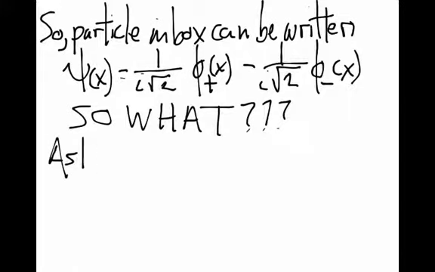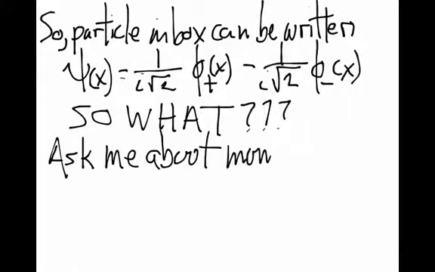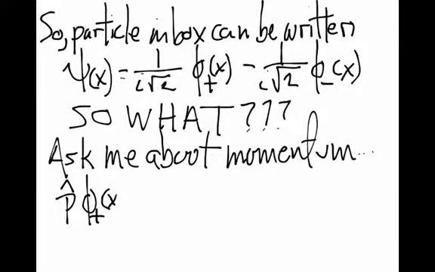Well, the deal is, ask me about momentum. Remember the momentum operator? P hat operating on phi plus is equal to h bar pi over L times n, times the wave function phi plus. We worked that out last time.